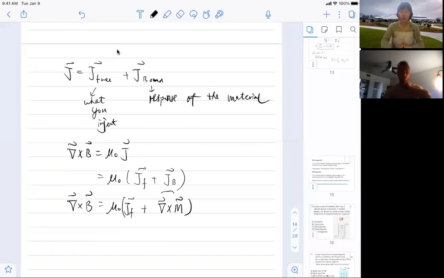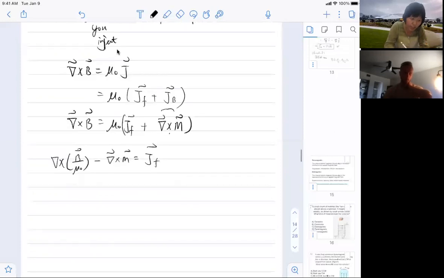Okay, so when you arrive at this point, naturally you want to combine the terms that have the curl in them, right? So I would divide everything by mu naught, the curl of B over mu naught, and move the M to the other side. That gives me J free. Okay, so let's define a new quantity.